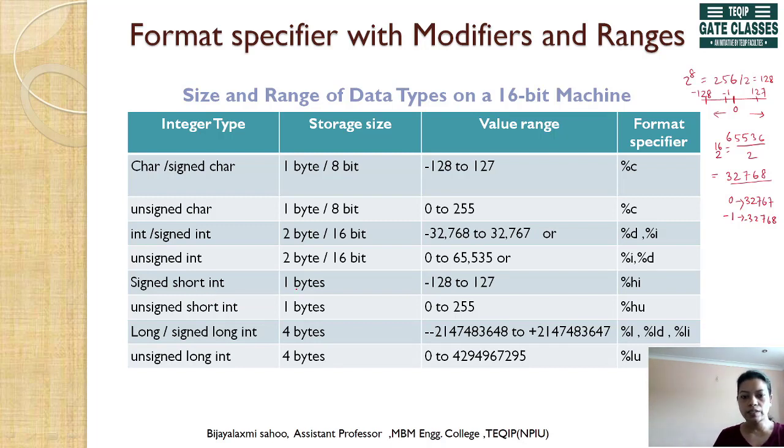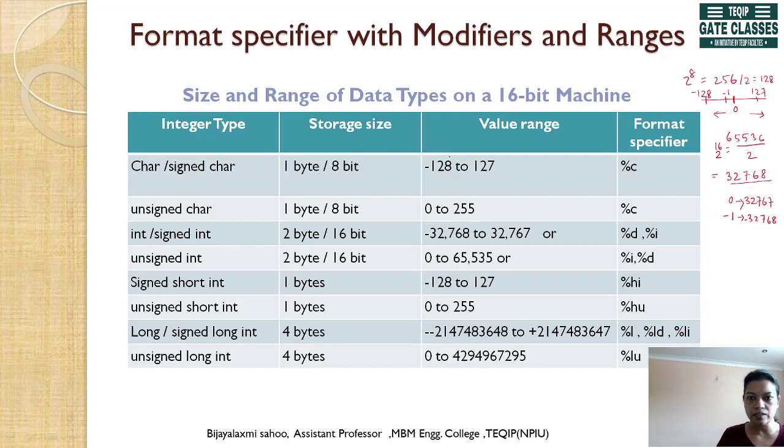Then it is occupying 1 byte. Only integer, or you can say signed integer, was occupying 2 bytes. As we have used short as a modifier, it is going to occupy 1 byte of memory. So 1 byte means it is the same as your character, in this case the same as your signed character.